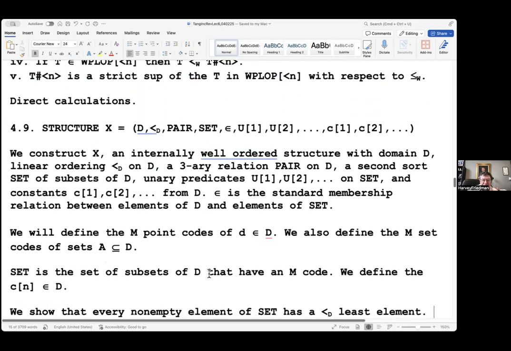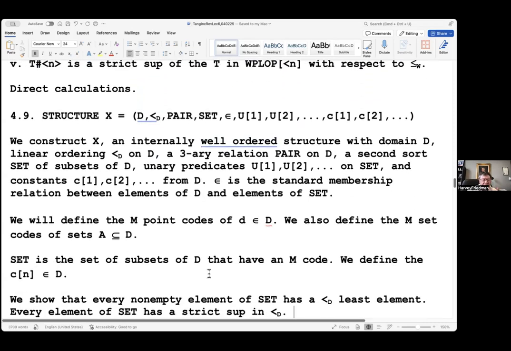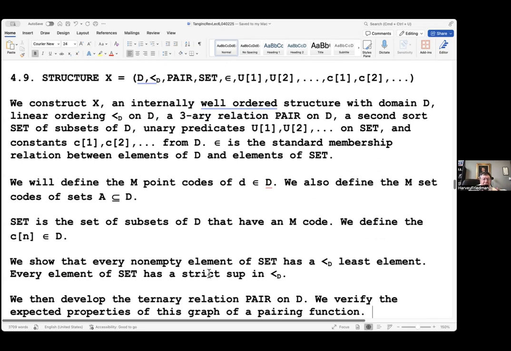Now we're in section 4.9. And so we have the structure that we began with last week. This is the second order structure.